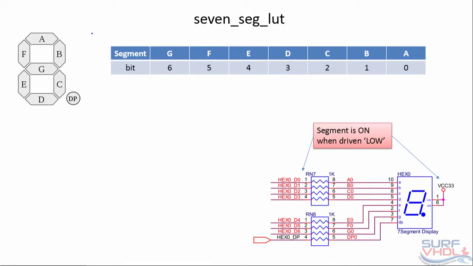The display is on when the input is 0. This is the FPGA pad. We have VCC on one side of the 7-segment display. So to turn on a segment, we have to drive low this pin.